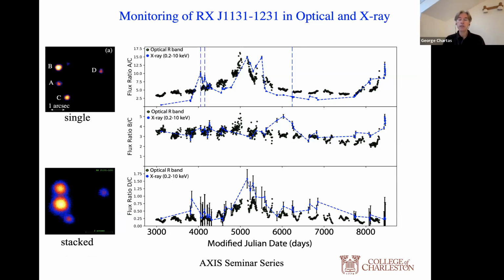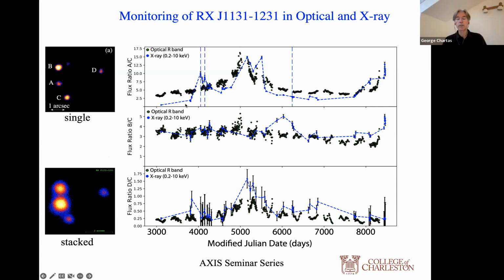So we actually have monitored about a dozen gravitational lens quasars with Chandra, but the one quasar that we have actually monitored the most is RX J1131 over 15 years. And on the left, I'm showing you the Chandra image of this quasar, and you see 4 images. And the bottom left is the stacked image.